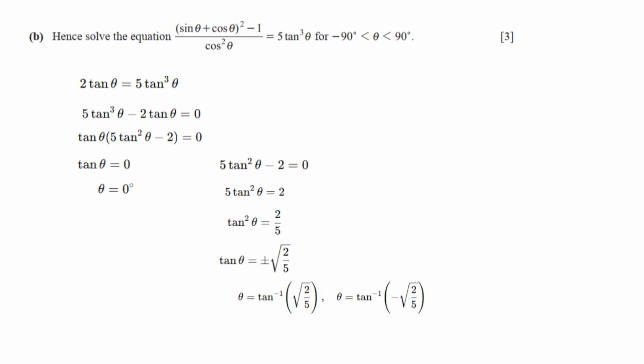For theta is equal to tan inverse of square root of 2 over 5, we get the value 32.3 degrees. And for theta is equal to tan inverse of minus square root of 2 over 5, we get the value minus 32.3 degrees. So theta takes the value 0 and plus or minus 32.3 degrees.